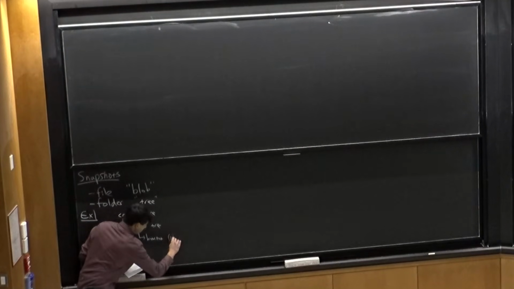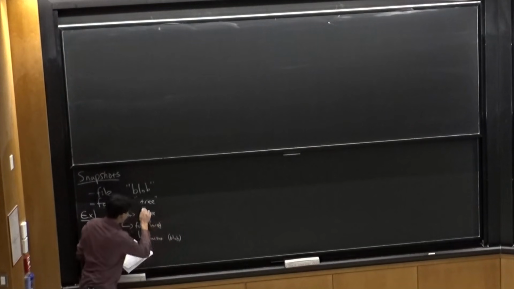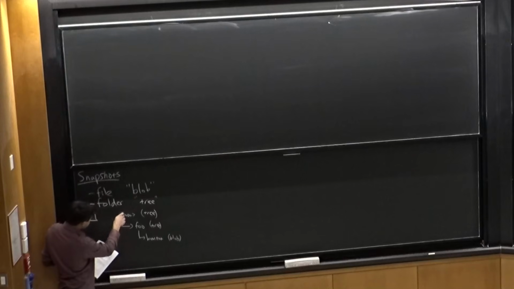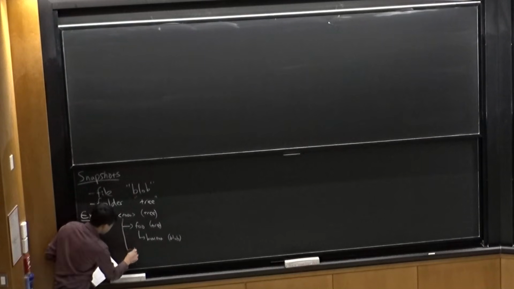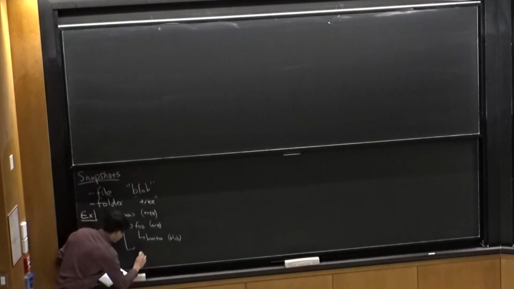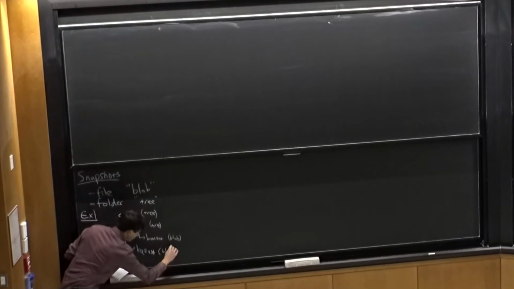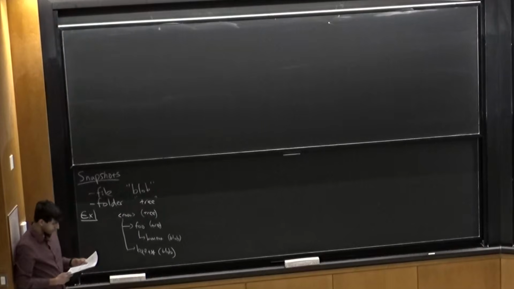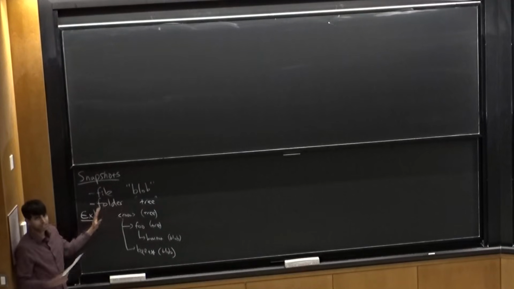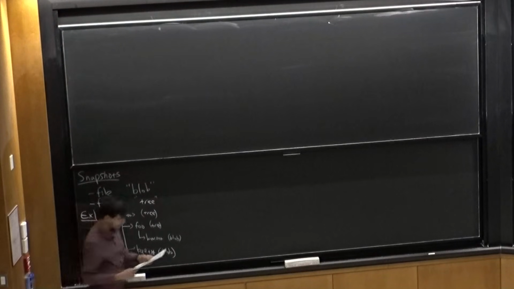So this is a blob. This is a tree. This is a tree. And then maybe this top level tree has inside of it another file. So this is at the top level instead of inside. All right, so this encapsulates the state of a folder and everything inside of it. That's how we're going to model it in Git.